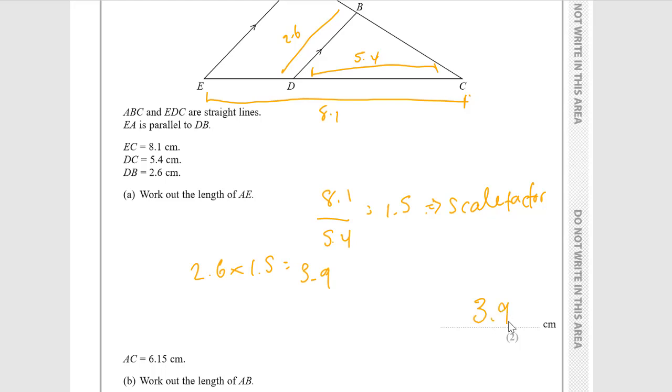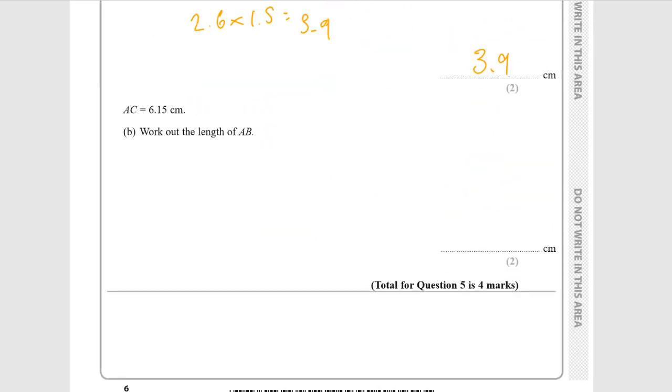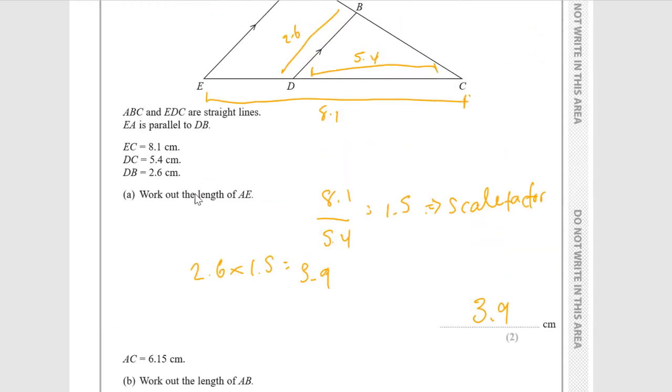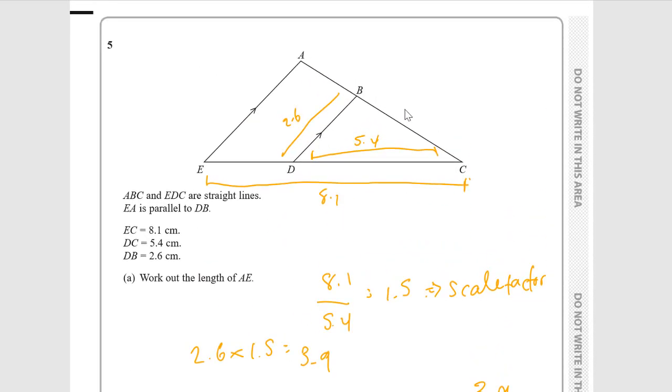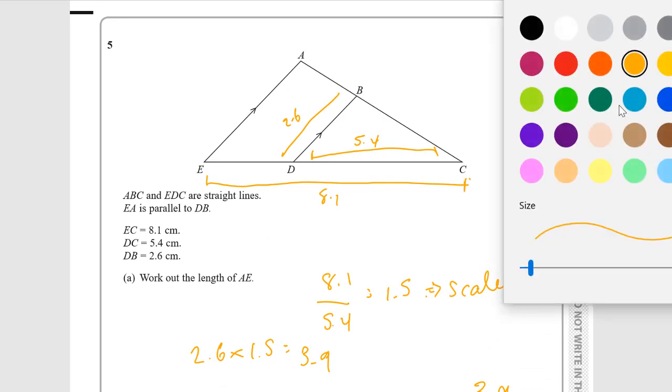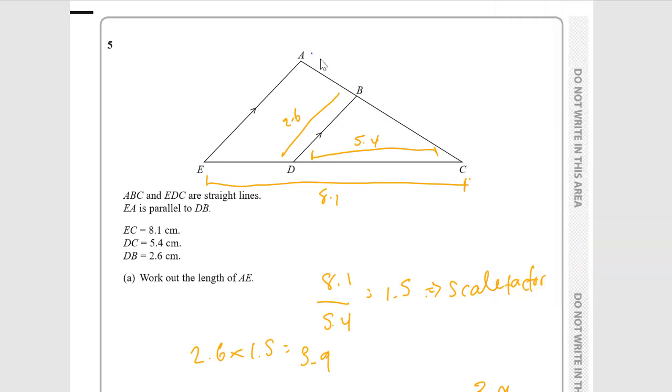So we've got 3.9 centimeters. So AC is 6.15 centimeters.